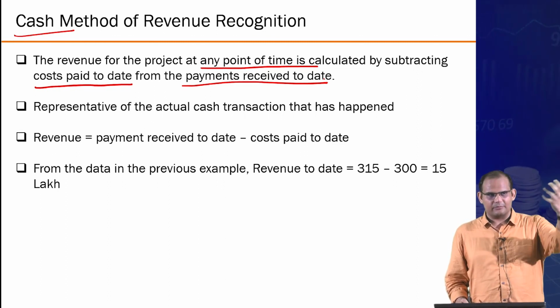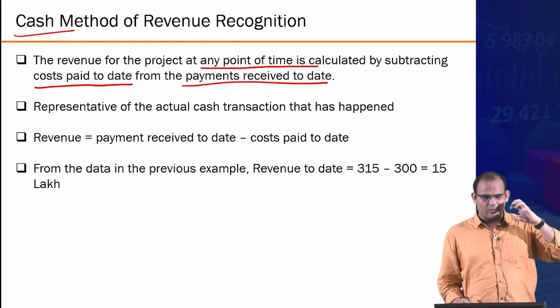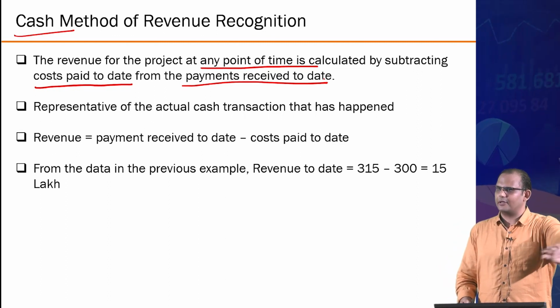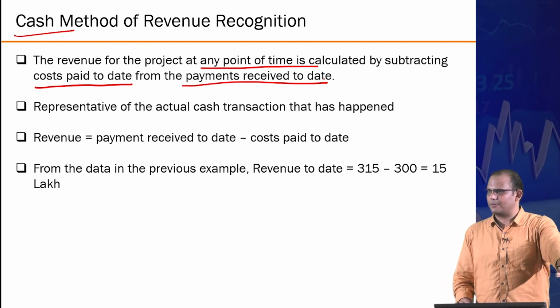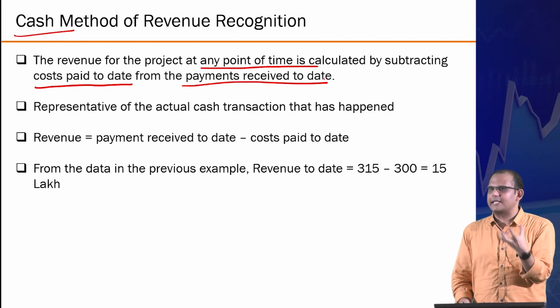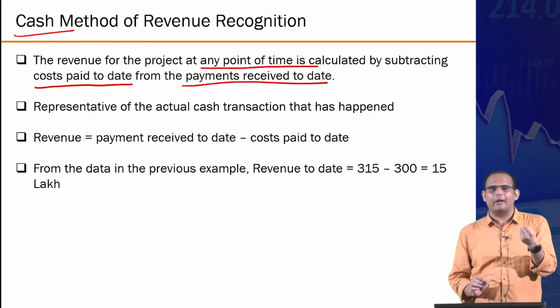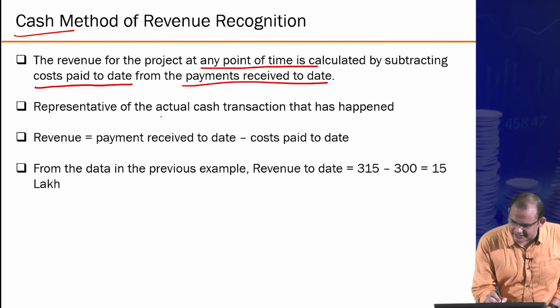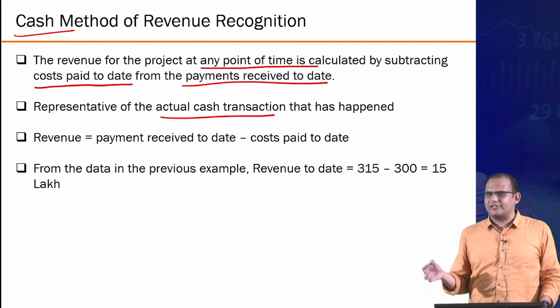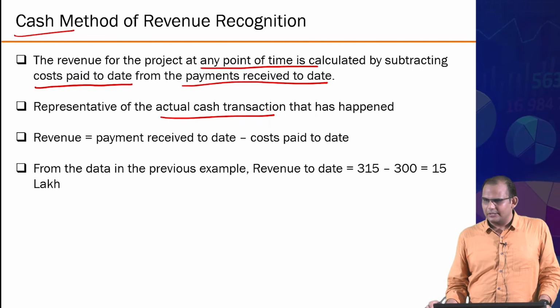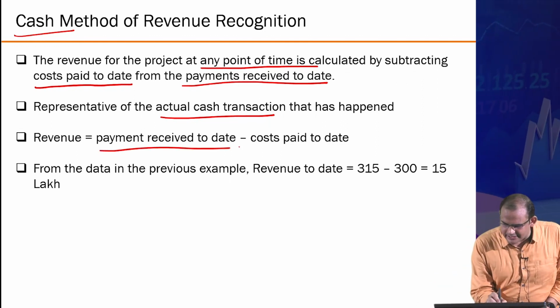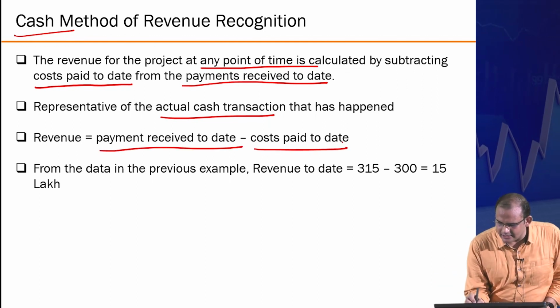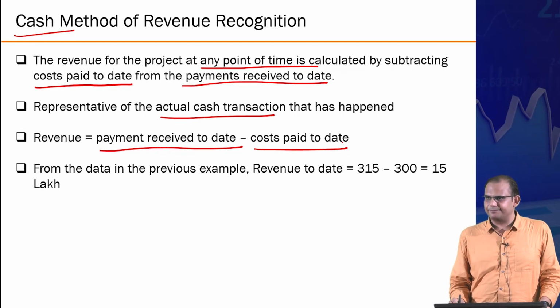Some money that you have received from the client versus how much cost of that you have paid to your vendors. So this is the net money that you hold in your hand right now, right? Essentially that's the cash that you have, representative of the actual cash transaction that has happened, right? Revenue is payment received to date minus cost paid to date.